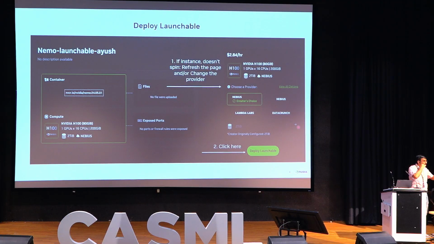Yeah, so deploy launchable. Okay, can you show me there? We'll come to the top, one second. You choose this Nebius or some other, yeah, launch is not deploying. So now this is deploying the GPU.